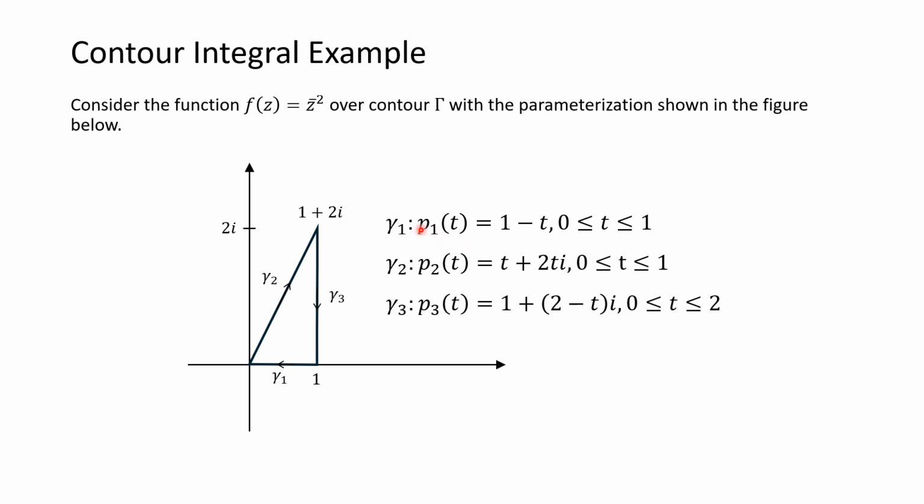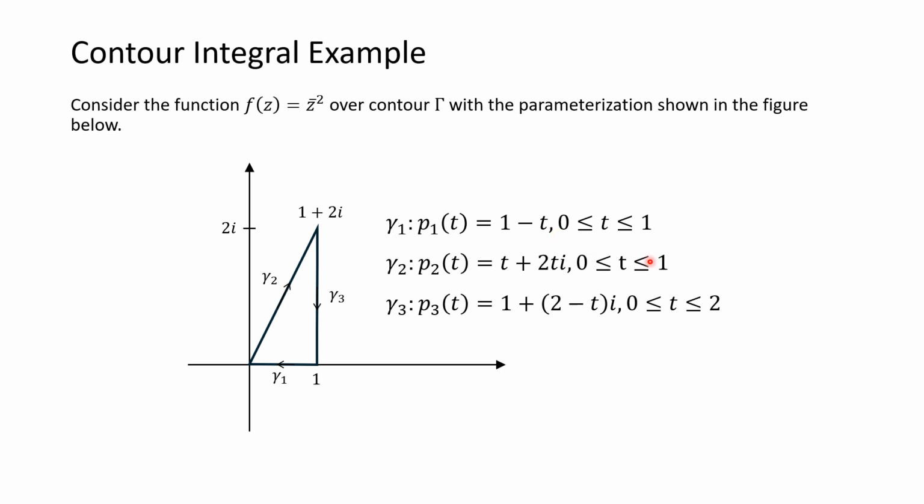So let's take the middle one here as an example. When you put in 0 for t, you get p of 0 is 0. When you put in, for example, 1/2, you get 1/2 plus 1i, so it's right about there.